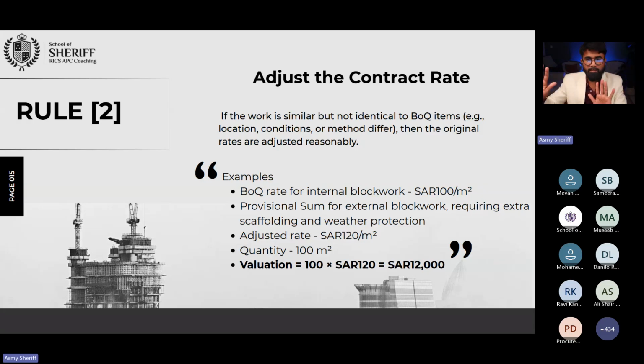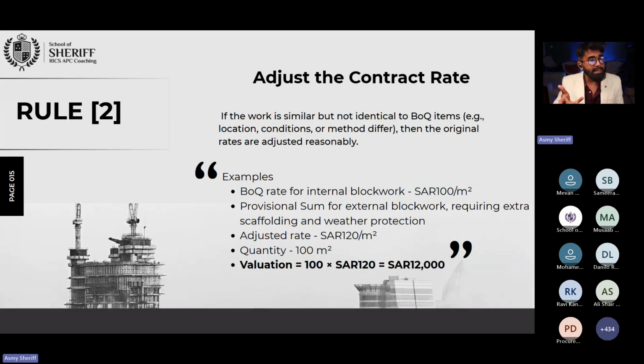In your BOQ, they mentioned block work as 100 riyal per square meter. But the client, under the provisional sum, mentioned execution of external block works, which require so and so thing. So you already have an internal 6 feet height block wall with a price of 100 riyal per square meter.